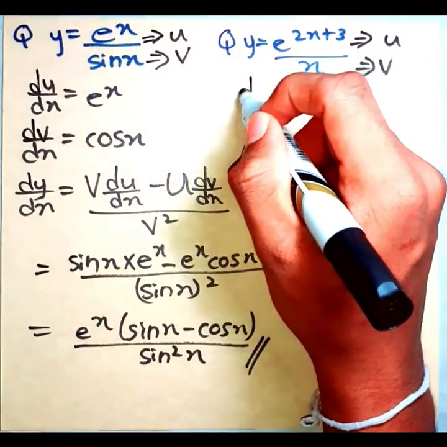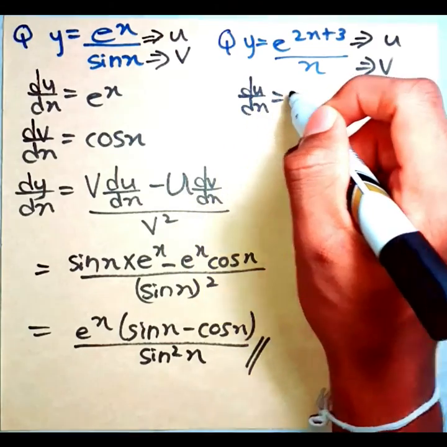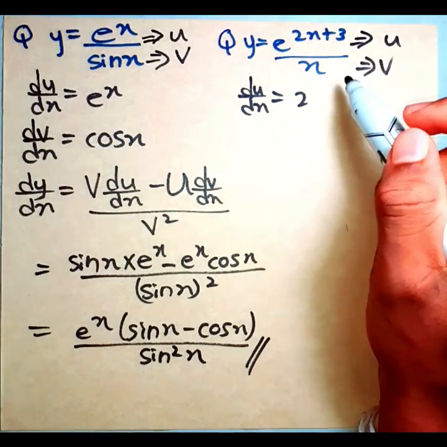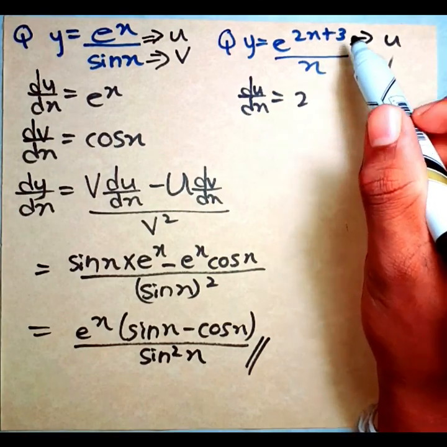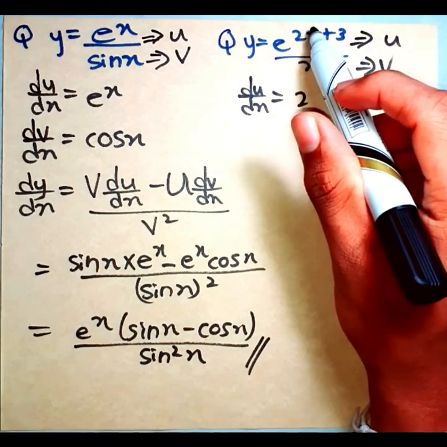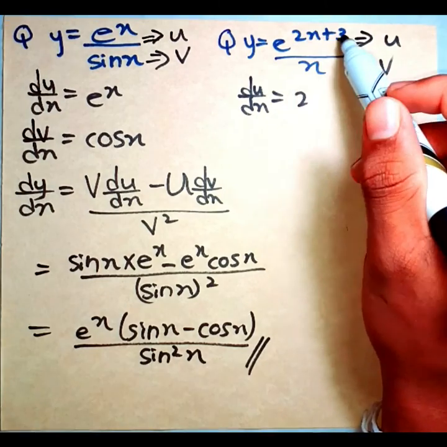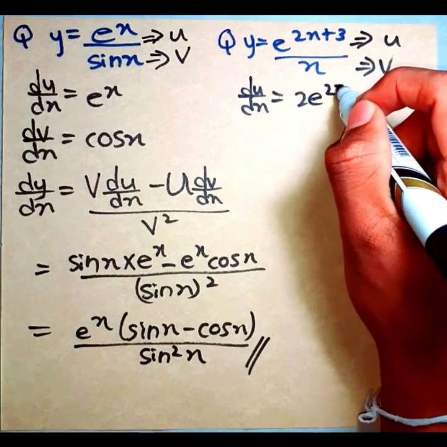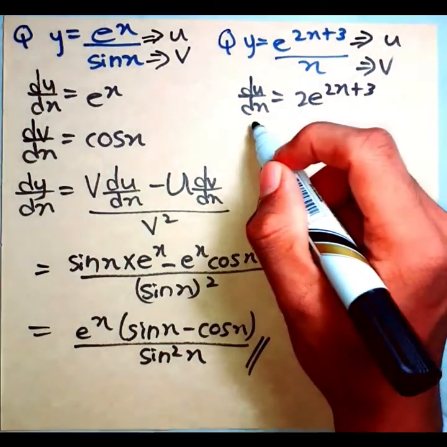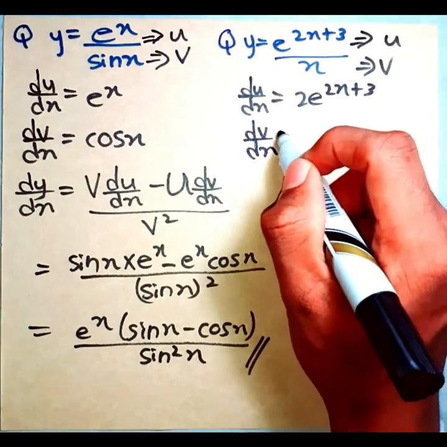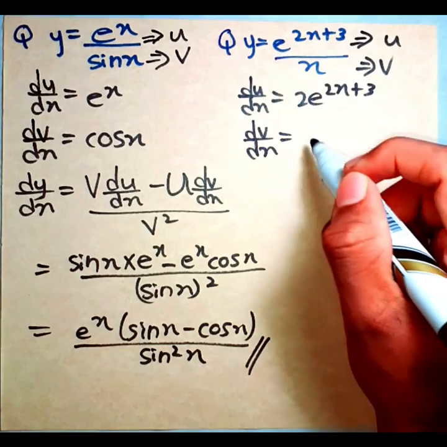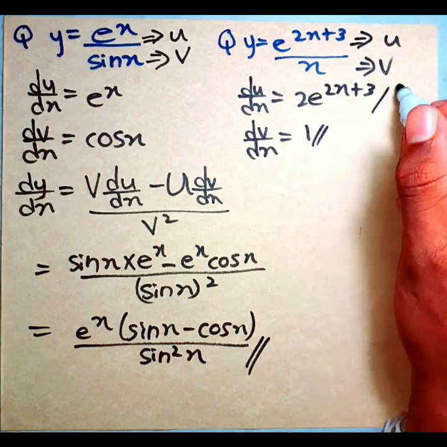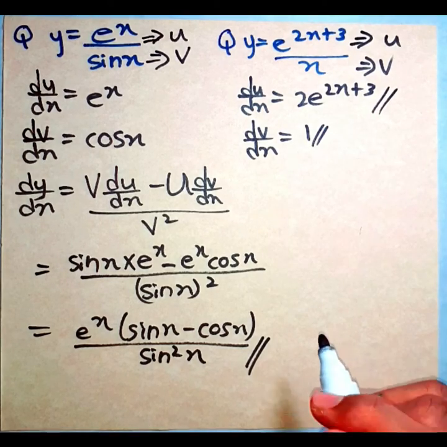Now we find du by dx, which is equal to 2e to the power 2x plus 3. Since this is in the format ax plus b, a comes to the front and the expression is repeated. dv by dx is equal to 1, since when you differentiate x you end up with 1.